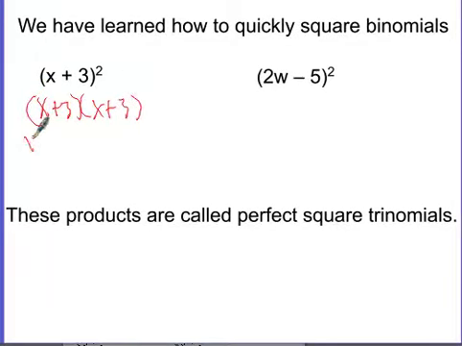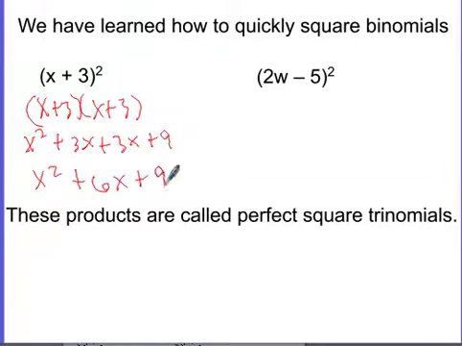And then we would do x squared plus 3x plus 3x plus 9. And then when you simplify the middle terms, it comes out to x squared plus 6x plus 9.